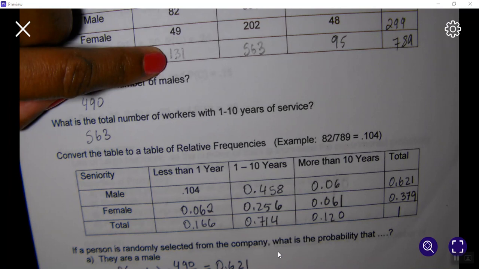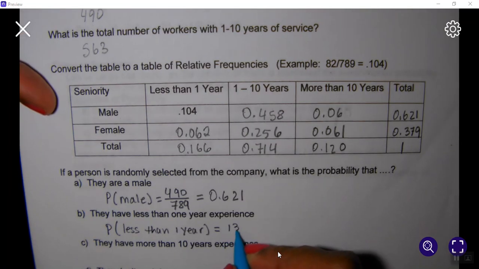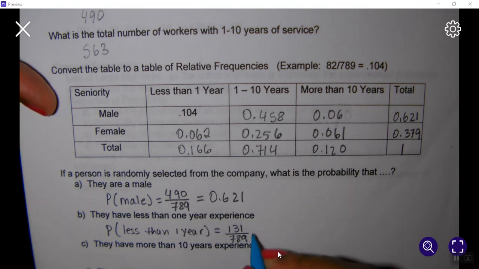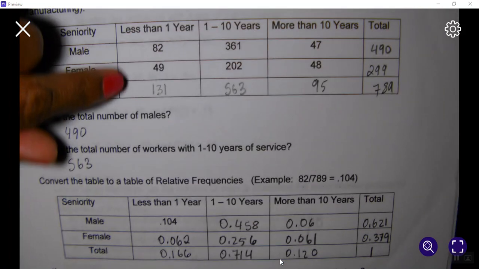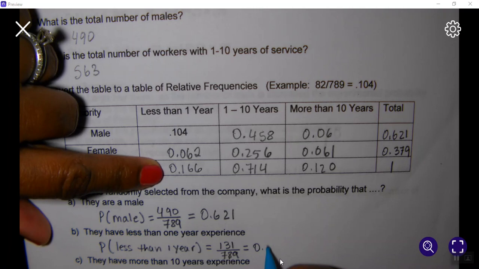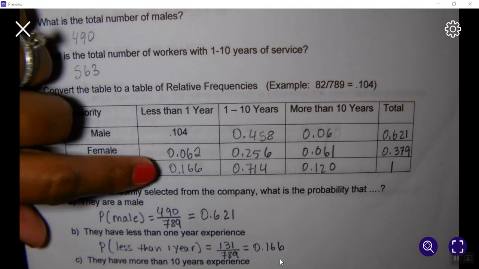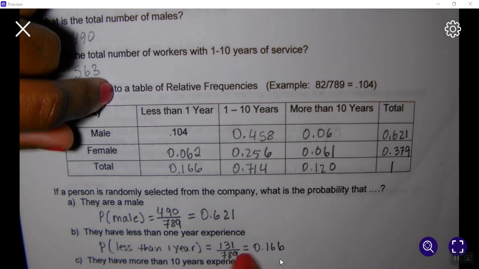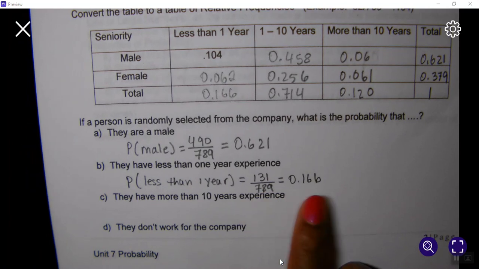So less than 1 year is 131 over the total, which is 789, which is equal to this one right here. We just do 0.166. That is the probability. Both are fine. Either you can give it as a fraction or give it as a decimal.